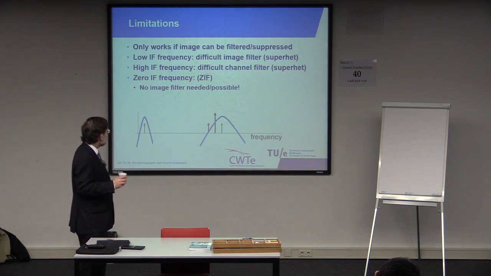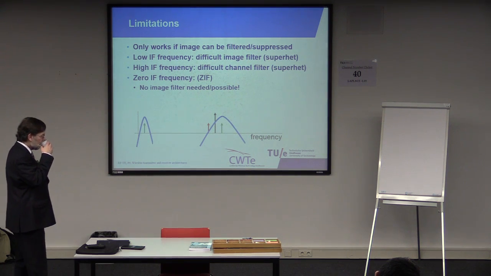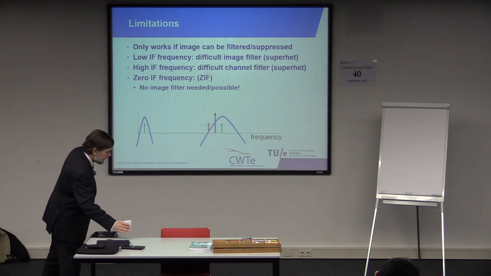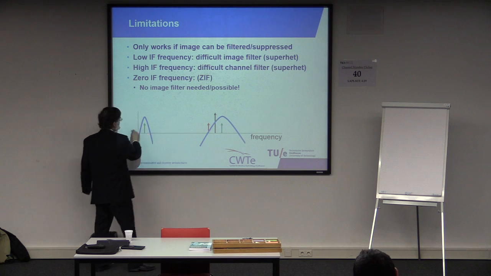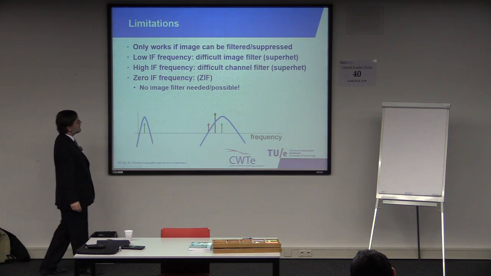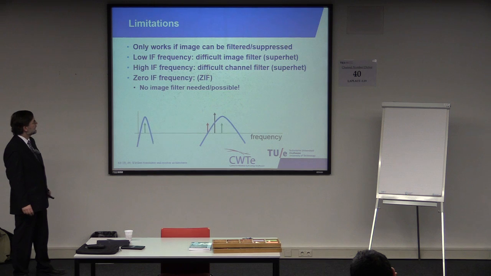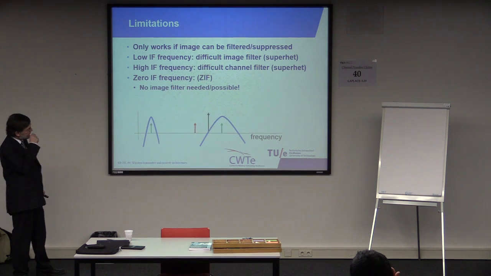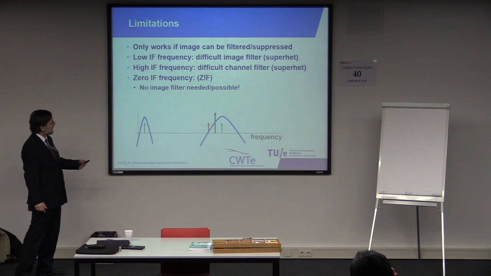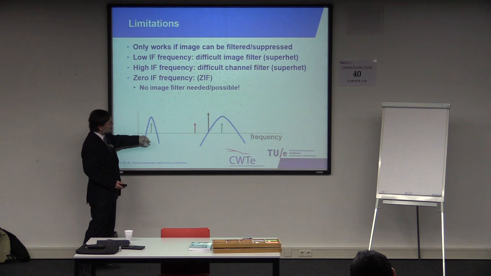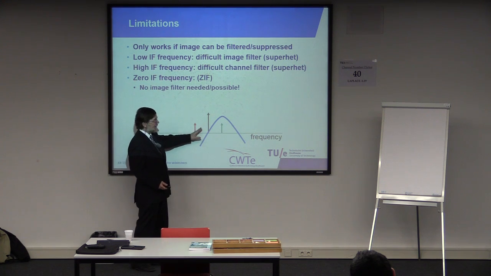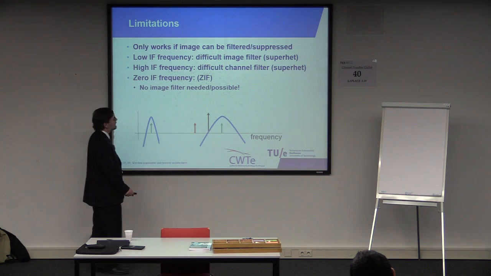So if you look at that, we end up with a more relaxed filter here and an easier filter at low frequency. But it depends quite a lot on the IF frequency, right? Because if I make the IF frequency higher, then this filter becomes more difficult because it moves to higher frequency. But this filter can become more relaxed because my image is further away.